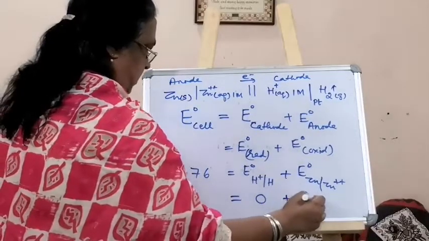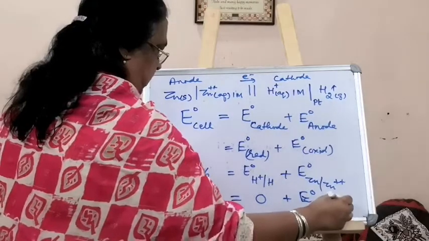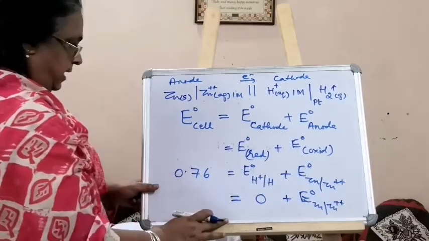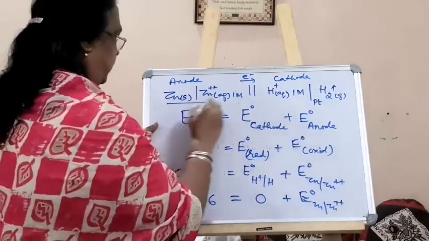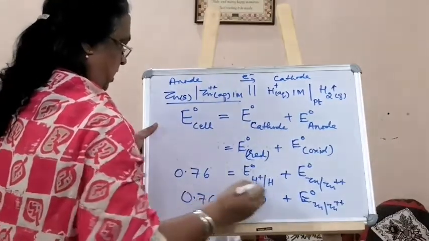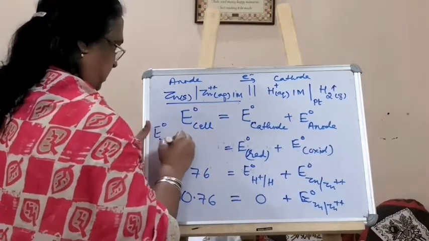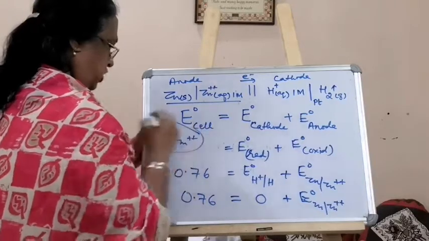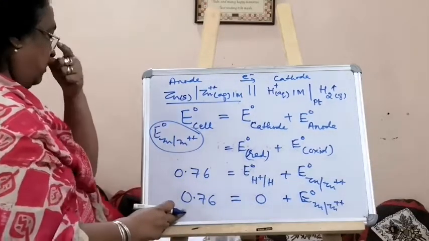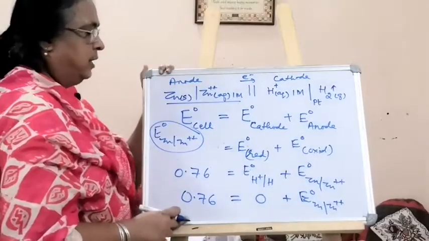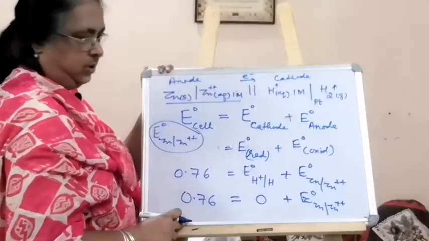So you know that this is 0. And here E0 zinc solid over zinc ion means oxidation. Potential of this will be 0.76. So the oxidation potential of this, E0 Zn, this is oxidation potential, that will be plus 0.76. But as I told you, this is always mentioned in a reduction potential term.